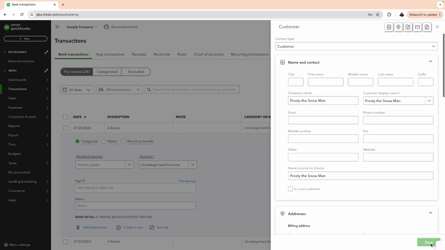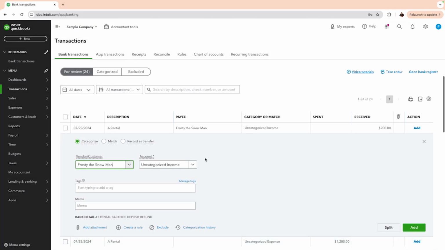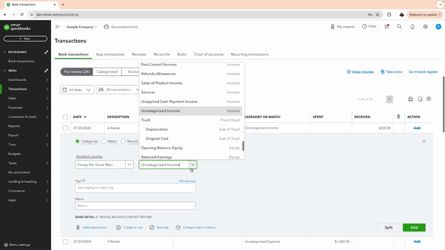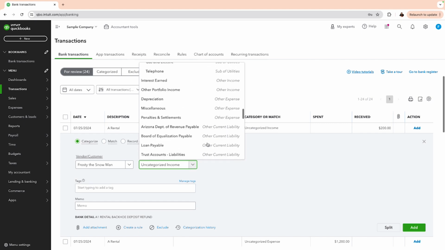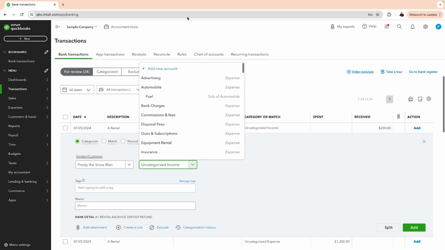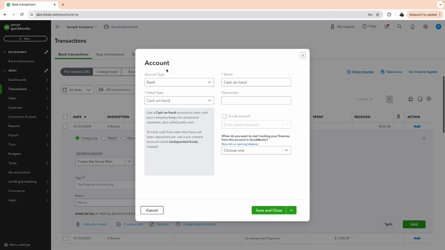Okay, that's Frosty the Snowman, who had somebody suing him, so he's going to retain an attorney. Now we're going to create a trust account for Frosty.